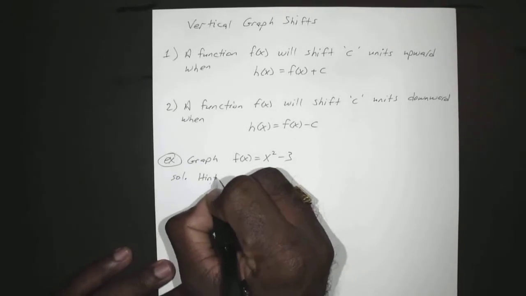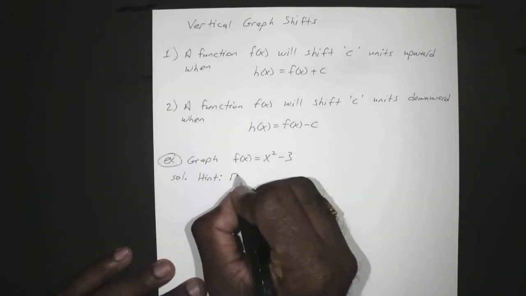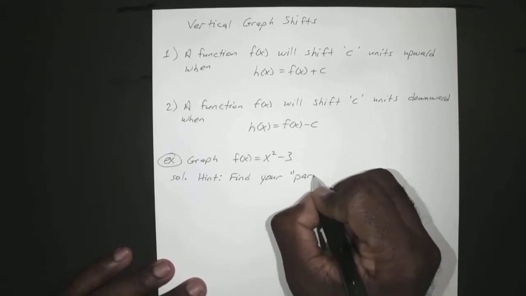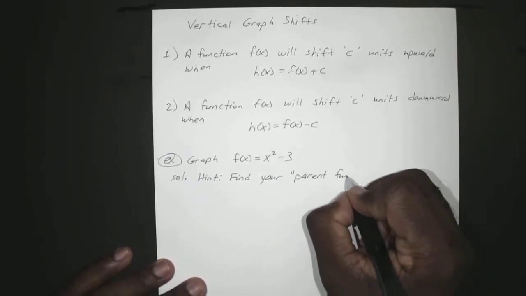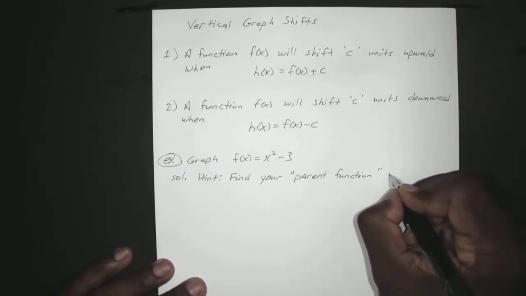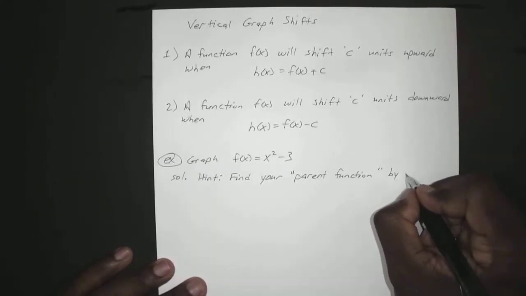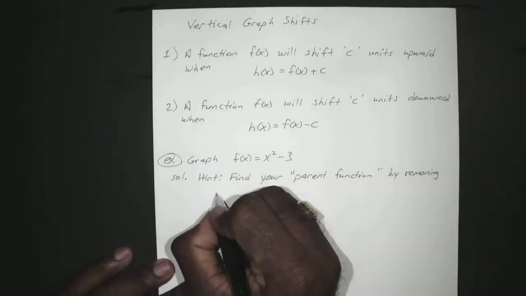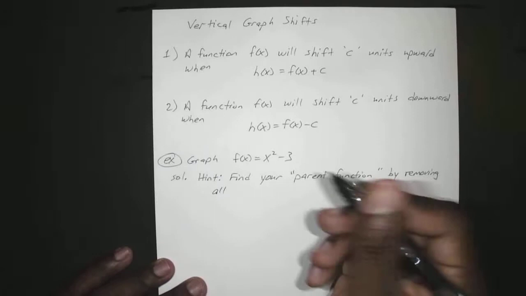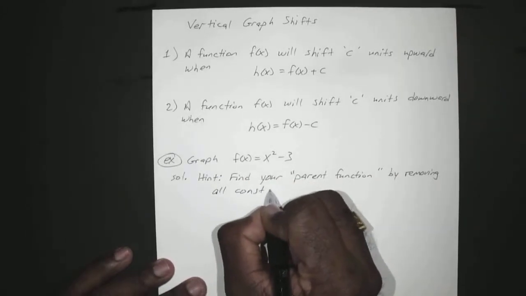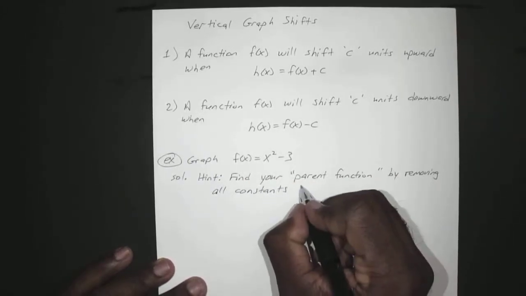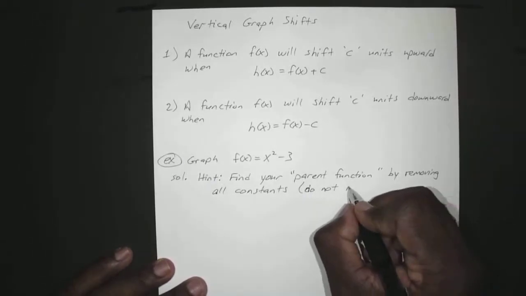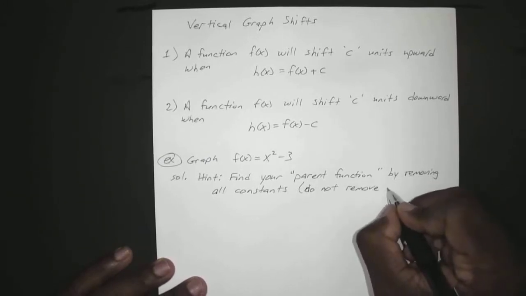So find your parent function by removing all constants. Okay, so you do not remove exponents.